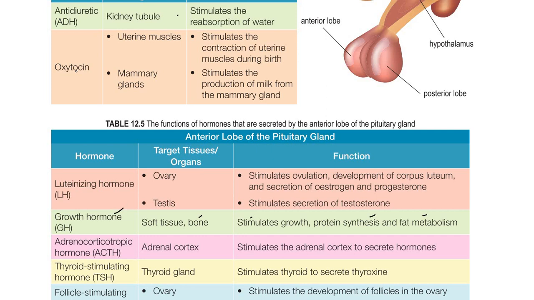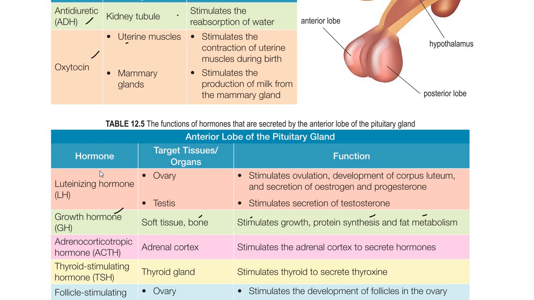When oxytocin reacts with uterine muscle, it will stimulate the contraction of uterine muscle during birth. So the function will occur inside the target tissue. So this is category 1, hormones that act directly on target organs: antidiuretic hormone, oxytocin, and growth hormone.